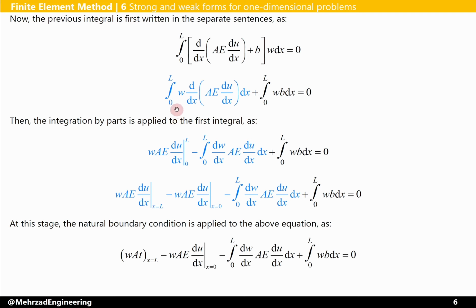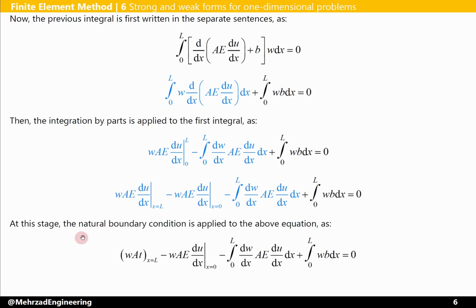For this purpose, I multiply w by the integration of this part, which will be w a e du/dx from 0 to L, minus the integration of the derivative of w times a e du/dx, plus the rest. Then I calculate this term one time at L and one time at 0. It will be w a e du/dx at x equal to L minus w a e du/dx at x equal to 0, plus the rest.